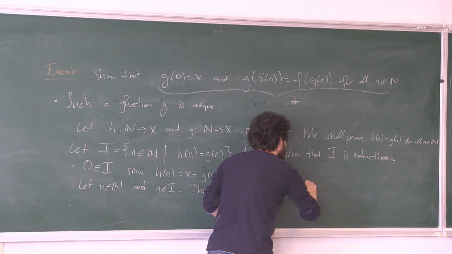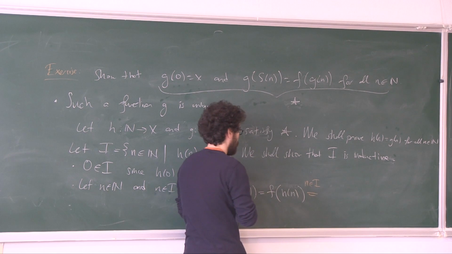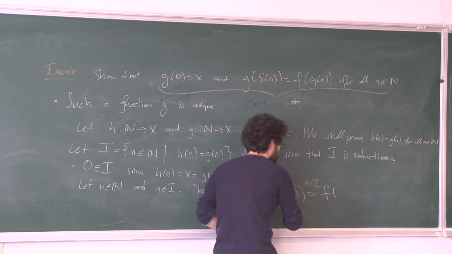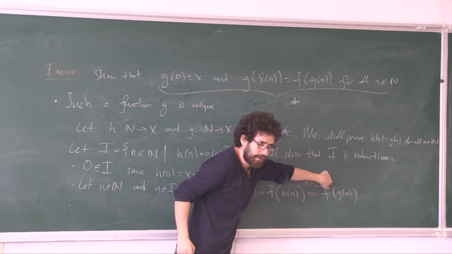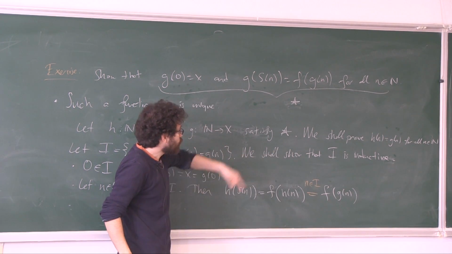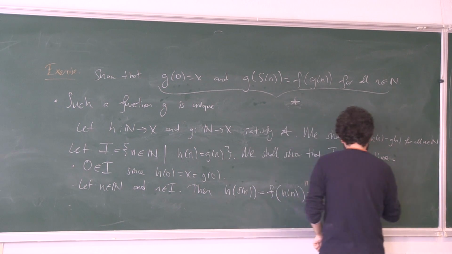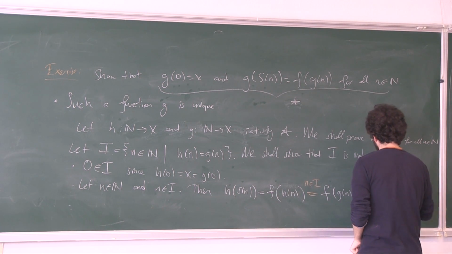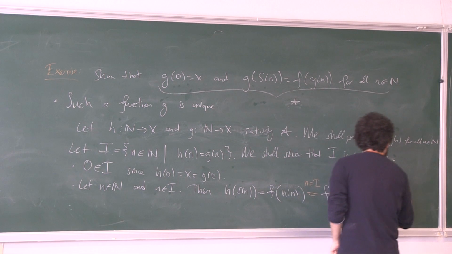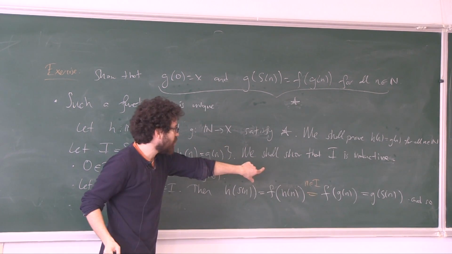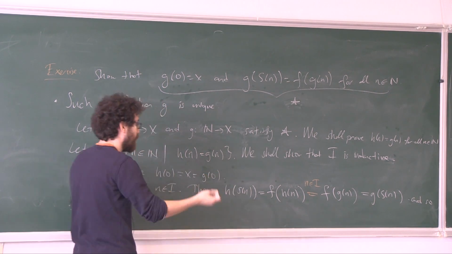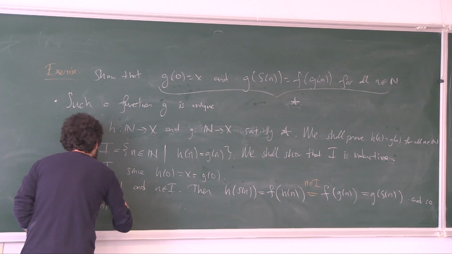So I'm actually using the induction assumption here. h of n equals g of n. So by induction assumption, I have this. Now, f of g of n by property star is g of s of n. And so the value of h and g at the point s of n are the same, and so s of n is in I.